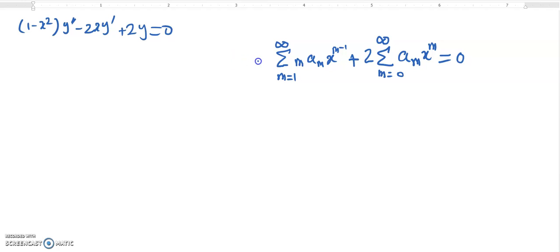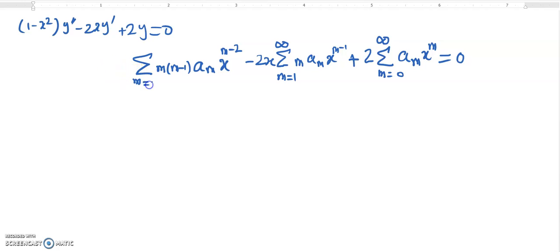And then it was minus 2x over here, and for y double prime it will again be x to the power m minus 2, a_m, and then m times m minus 1. These are the coefficients, so we are essentially going backwards.